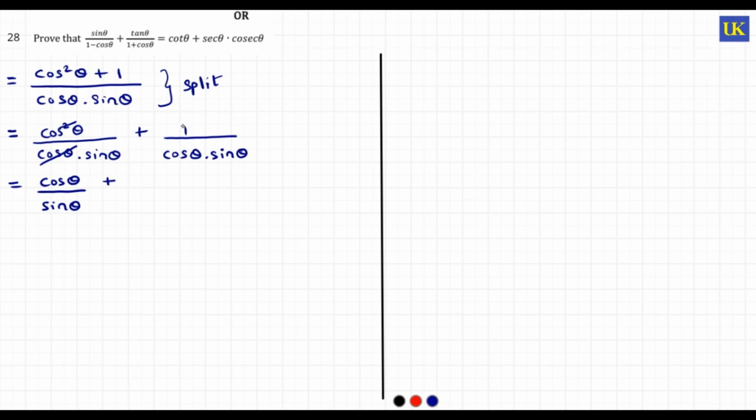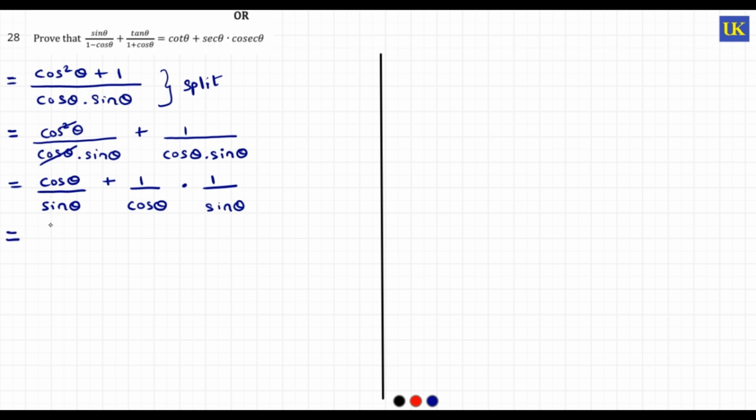Plus we will separate this and write, so 1 upon cos theta into 1 upon sin theta, because we have a product here, so the denominator part I am just splitting.